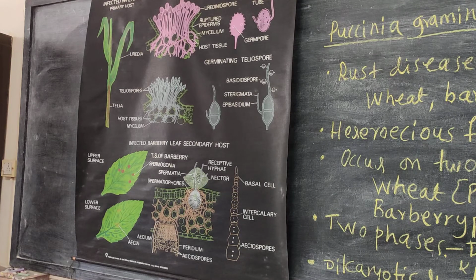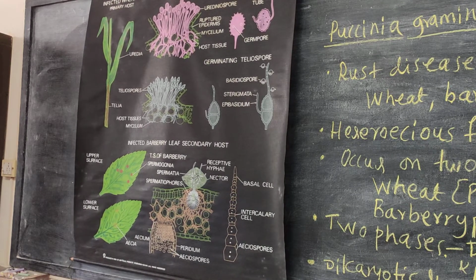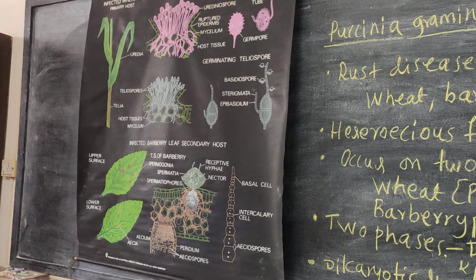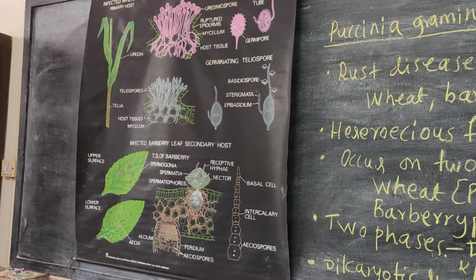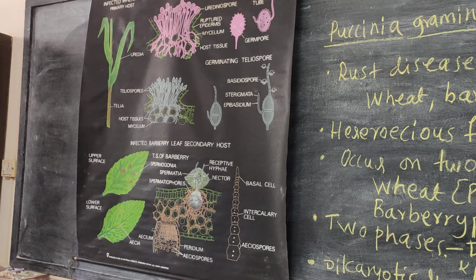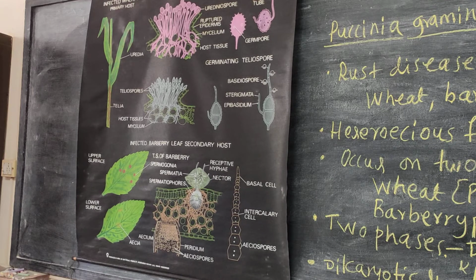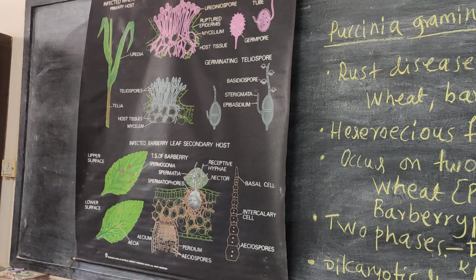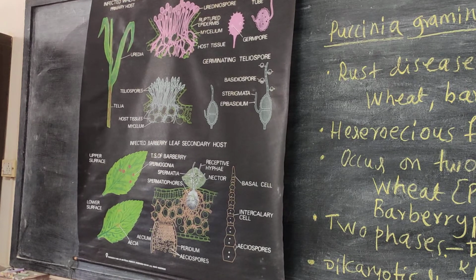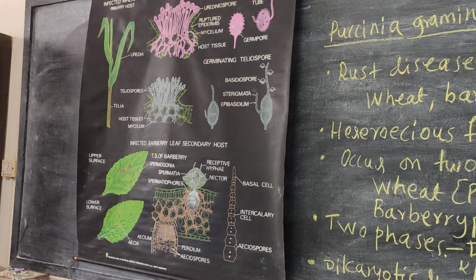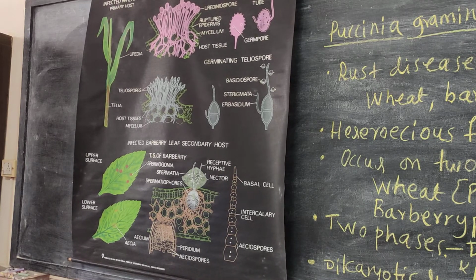In the first figure, you are observing red streaks on the wheat plant, on the upper surface of the leaf. Each pustule is called a uredosorus.